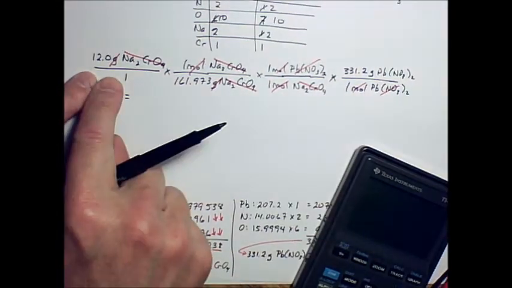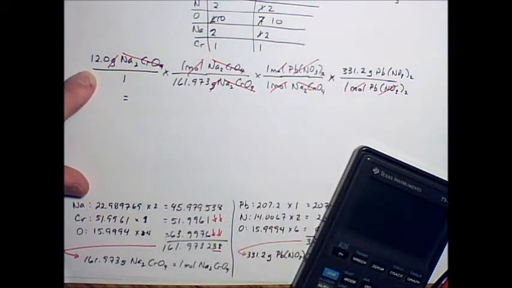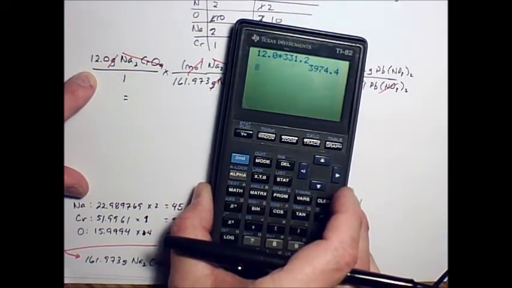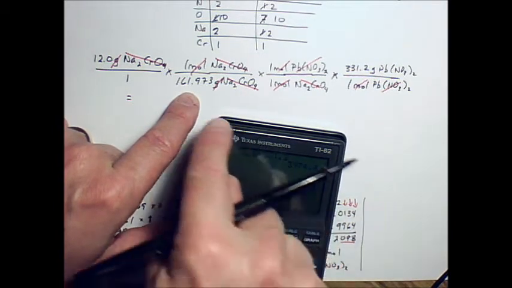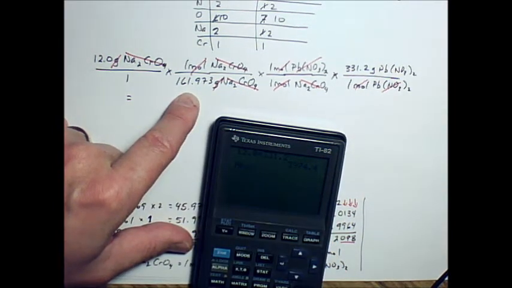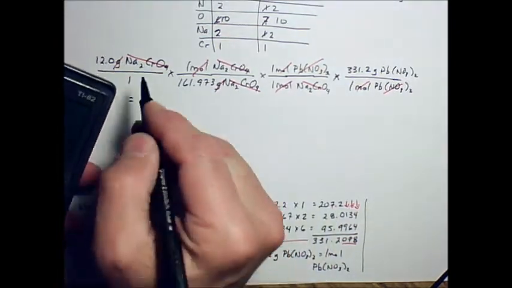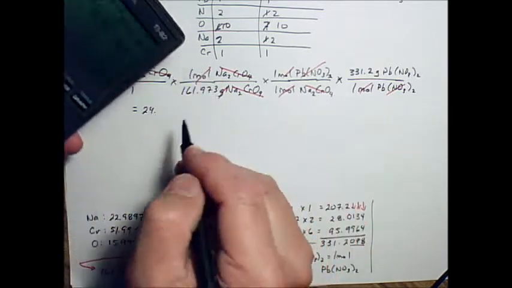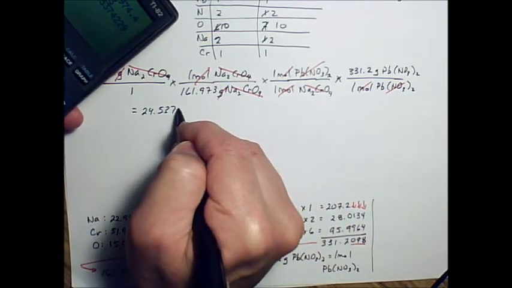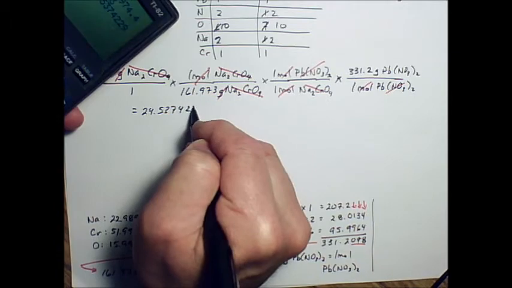So we want to do 12 times 331.2. And then we want to hit divide. I hit equals or enter here. Now I want to divide by this number. Okay, and I got 24.5374229.